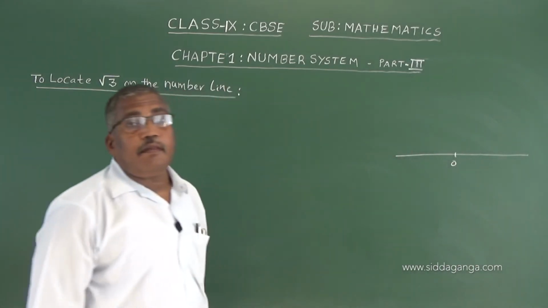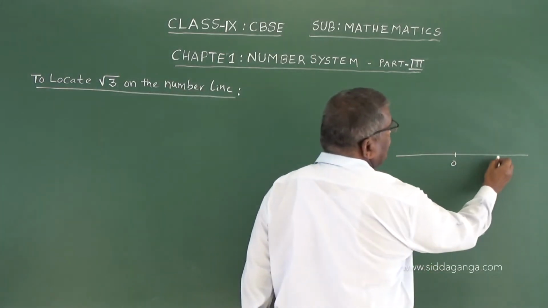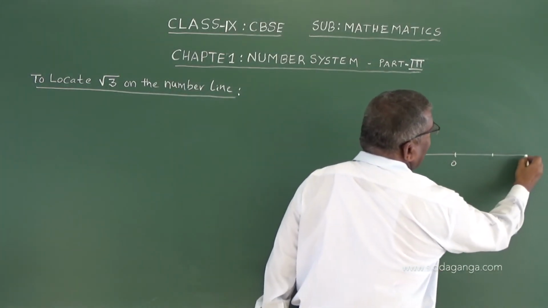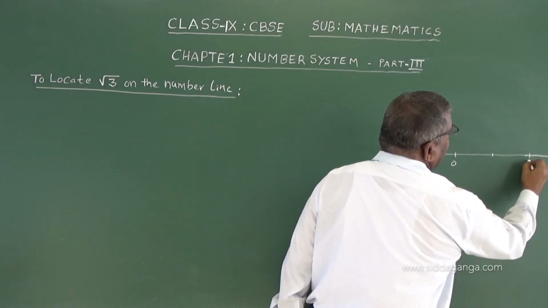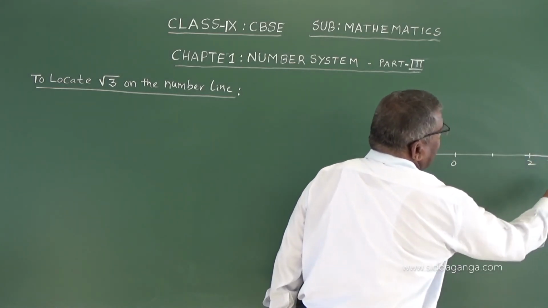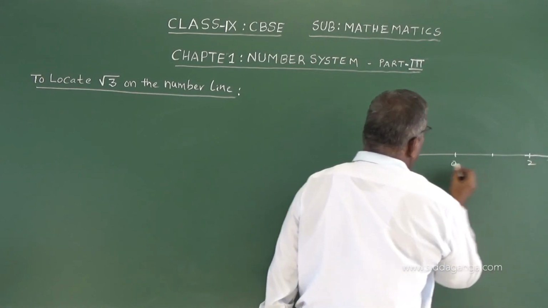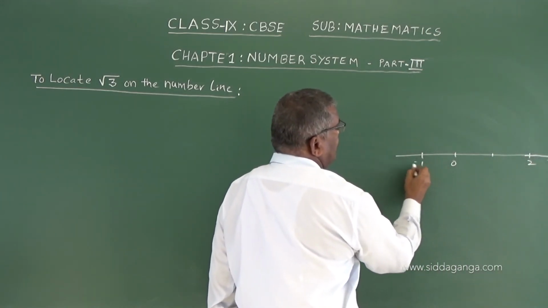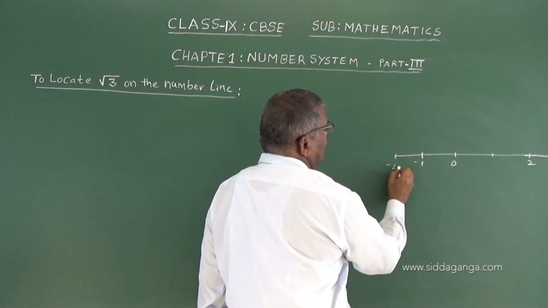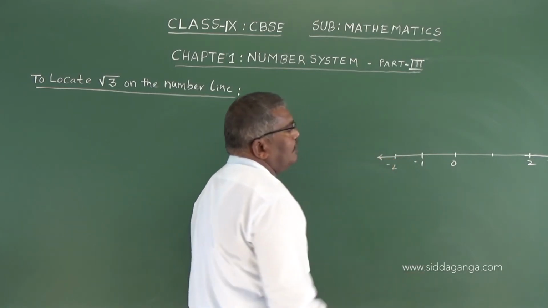This 0 is in the middle, this is 1, 2 and so on. This is -1, -2 and so on.